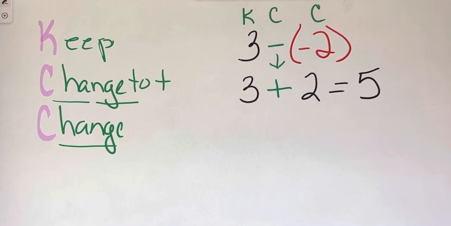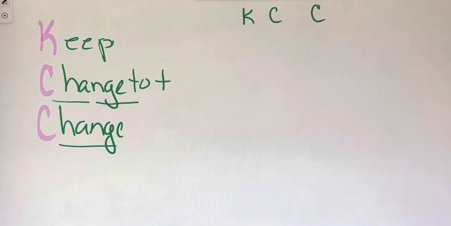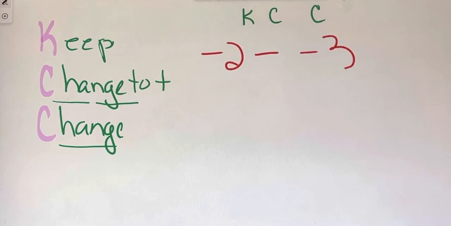All right, let's try another example. If we had negative 2, and we're going to subtract negative 3. So we have to follow the keep, change, change.